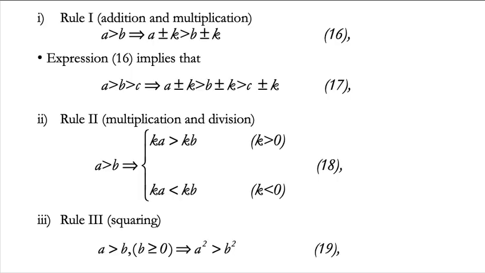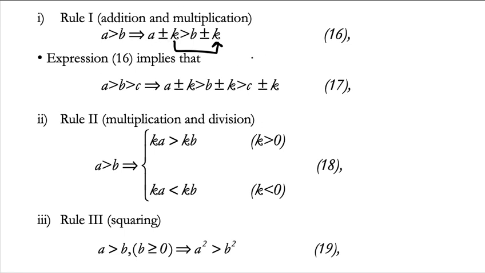Okay, so rule number 1 for inequality says what? If A is greater than B, this implies that A plus or minus any constant K should be greater than B plus or minus any constant K. The value of K here must be the same as K here so that the rule can be utilized.